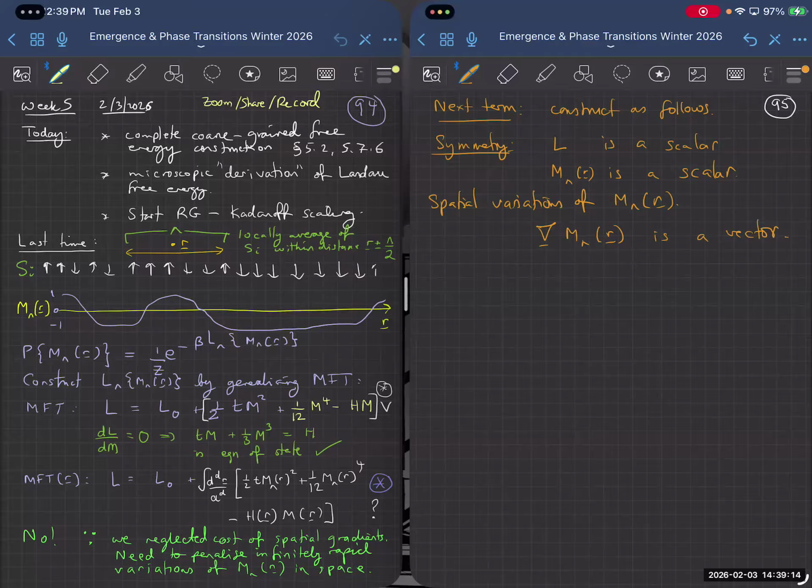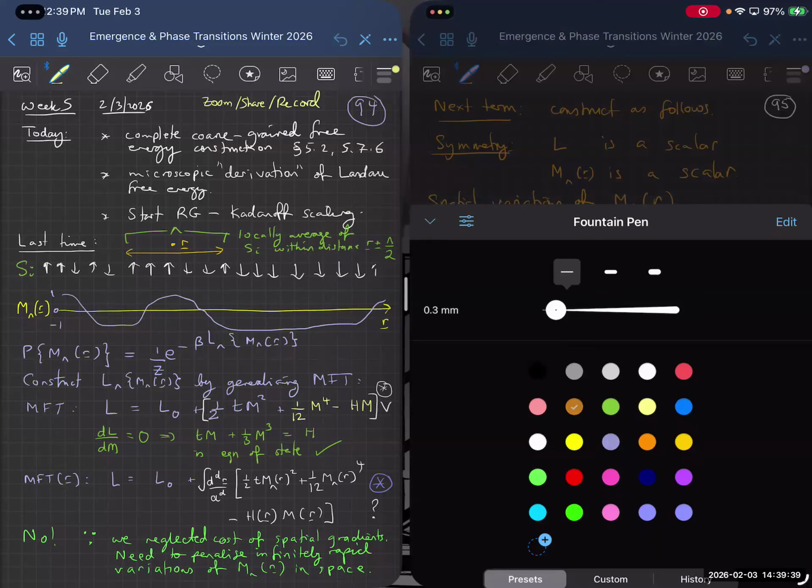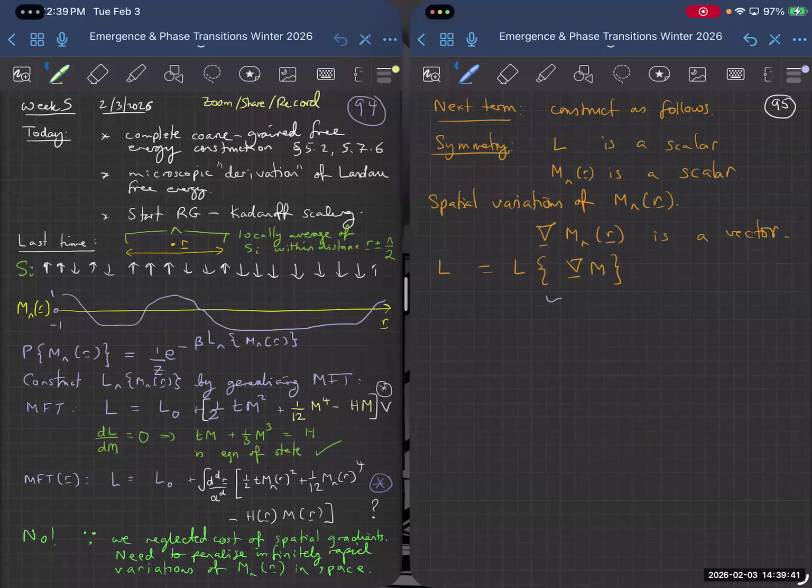So if I want to say that L is something that depends on the spatial gradients of m lambda, the only way I can do that is if I've got a scalar on the left-hand side and the thing inside the argument here is a vector, then this function must in fact be a scalar function.